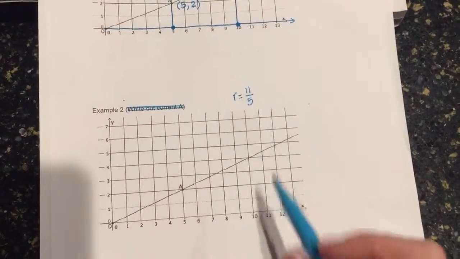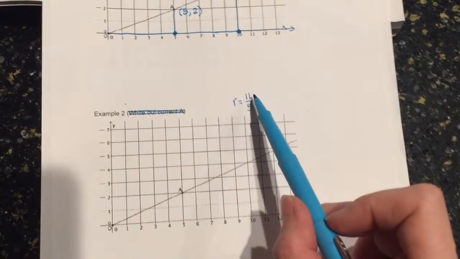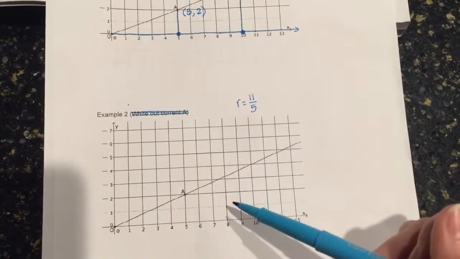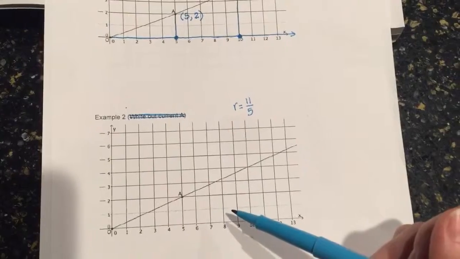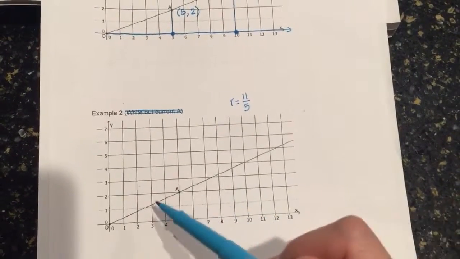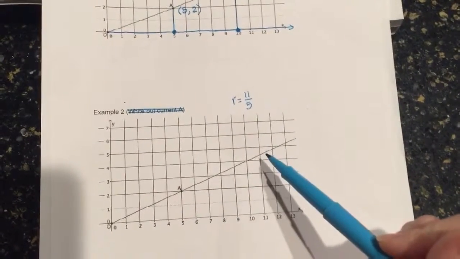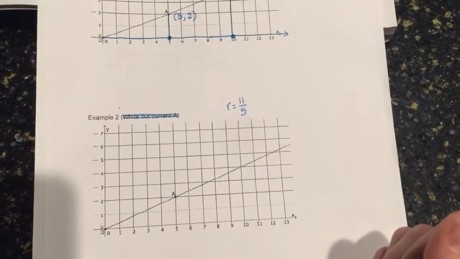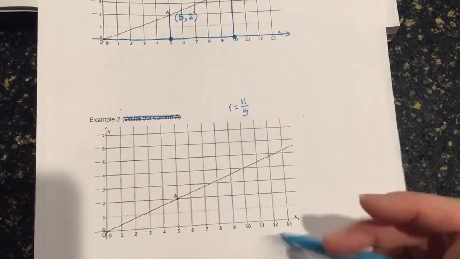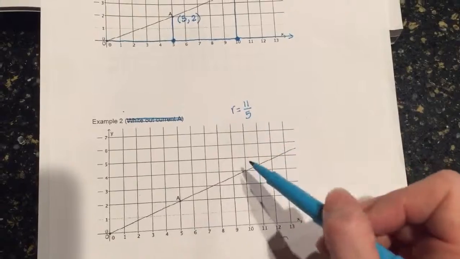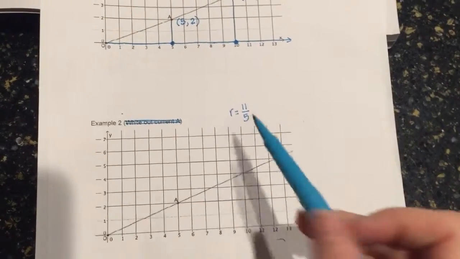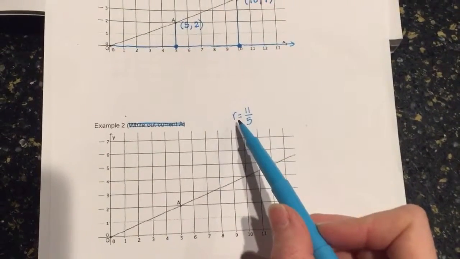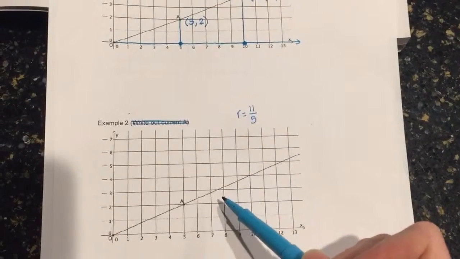Take a minute to look at the scale factor and decide what is going to happen. Is our dilation going to get bigger, or is it going to get smaller? Excellent. Our dilation is going to get bigger because our scale factor is greater than 1.